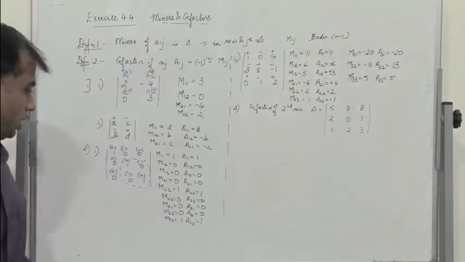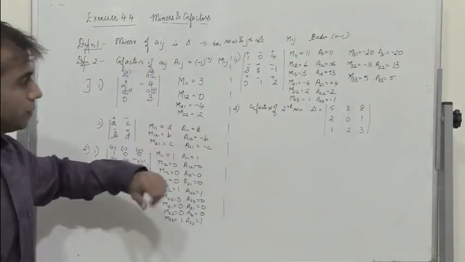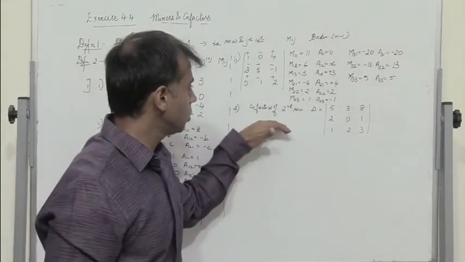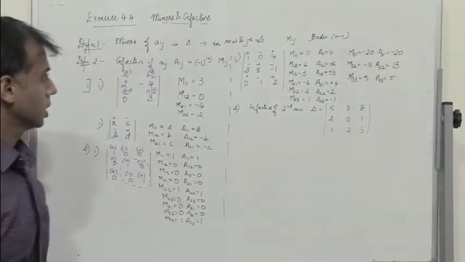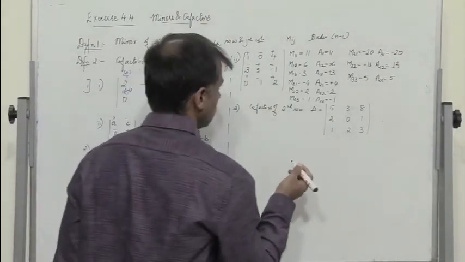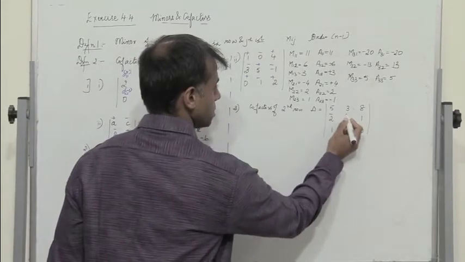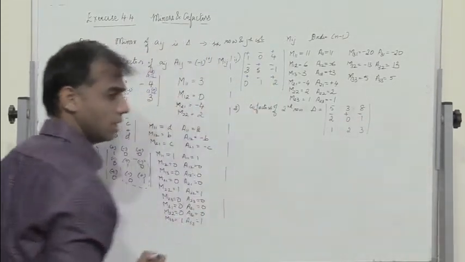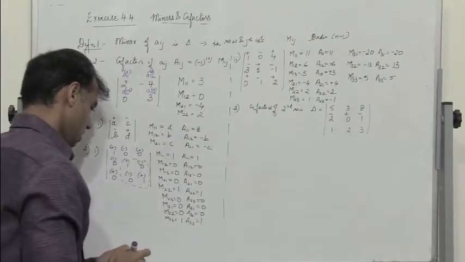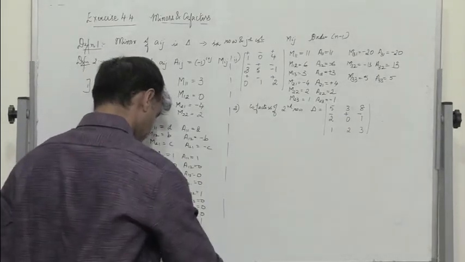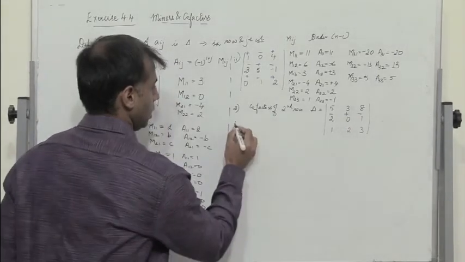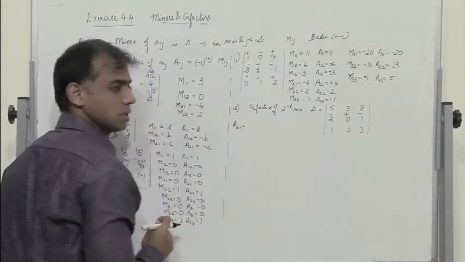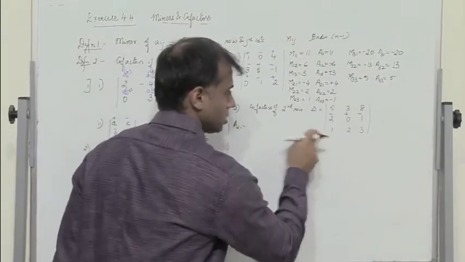So in problem 3, we need to find the value of the determinant using the cofactors of the second row. Right? So to find the cofactors of the second row, of course this is minus plus minus, we already know that. So let us find A21. So A21 is leaving the second row and the first column.